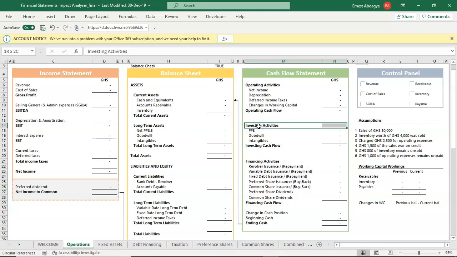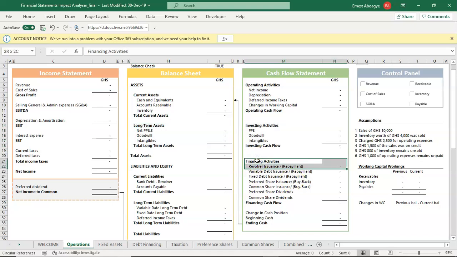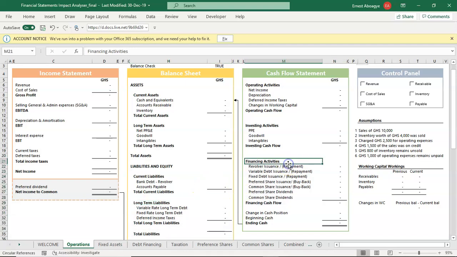The investment activities is looked out for by the long-term asset section of the balance sheet. And then the financing activity section looks at everything in the long-term liability section of the balance sheet.